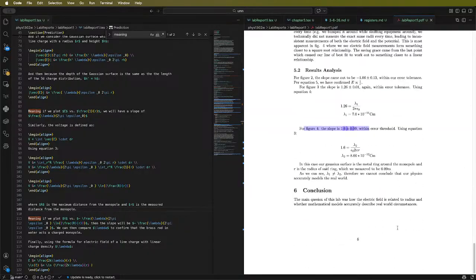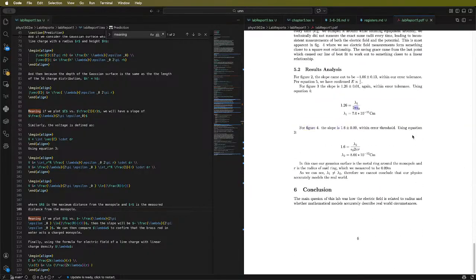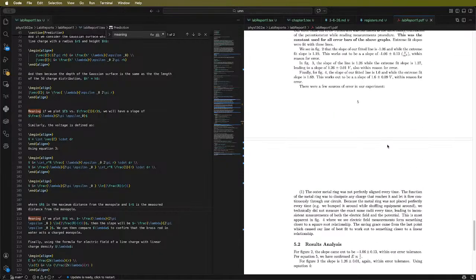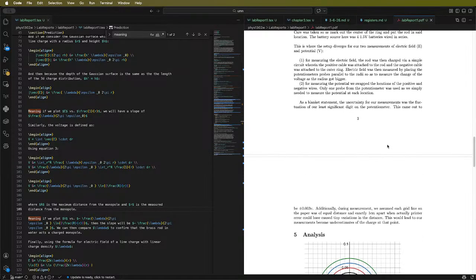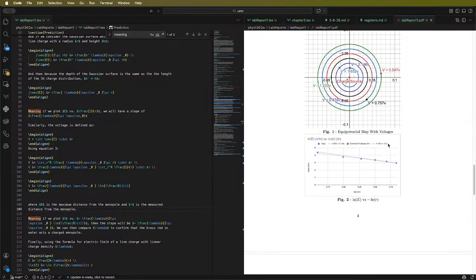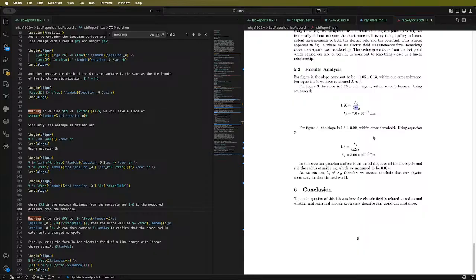No, it's this one. We should be multiplying the slope by 2 pi epsilon naught, which I think we're doing down here. Yeah, 0.26, 2 pi epsilon naught.